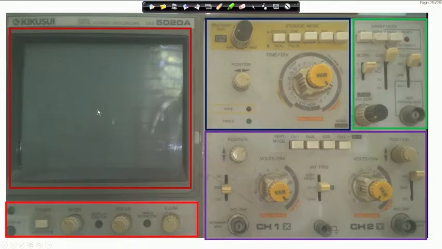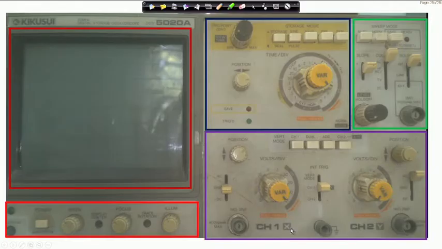I will tell what those are. The second one is the vertical controls, this lower block in violet color.